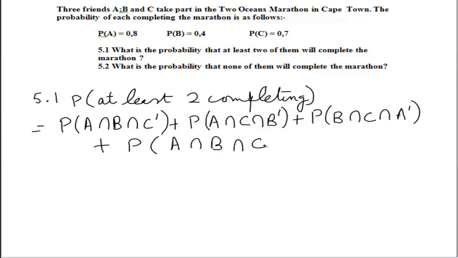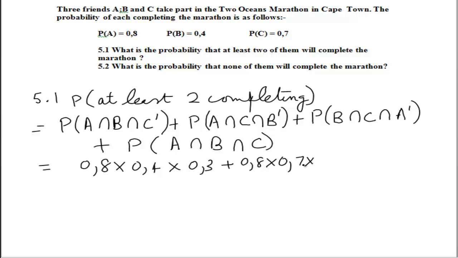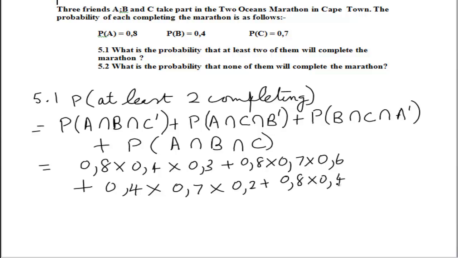And that should take care of the problem, which means the probability of A completing 0.8 times 0.5 times 0.7, because C would not have completed, plus A 0.8 times 0.3 times 0.5 for B not completing, plus B completing 0.5 times C completing 0.3, A not completing 0.2, plus all completing 0.8 times 0.5 times 0.3.